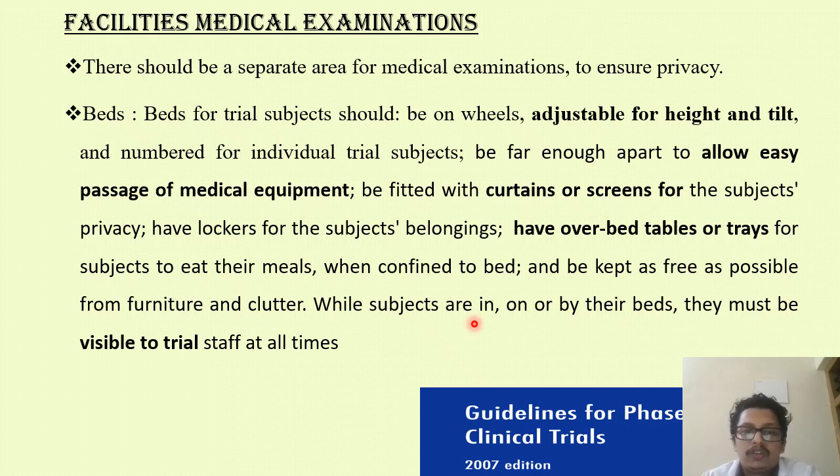They should have lockers for the subjects' belongings, and overbed tables or trays for subjects to eat their meals, and be kept as free as possible from furniture and clutter. While subjects are in or by the beds, they must be visible to the trial staff all the time.